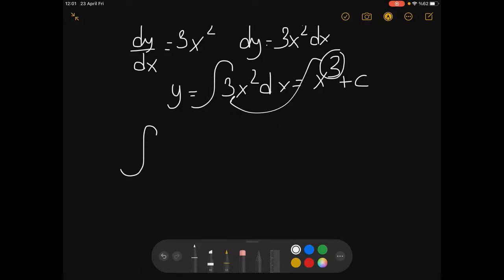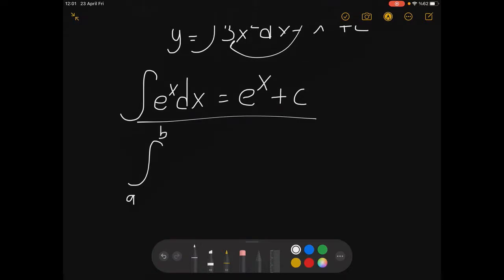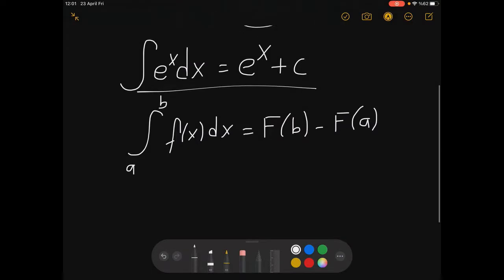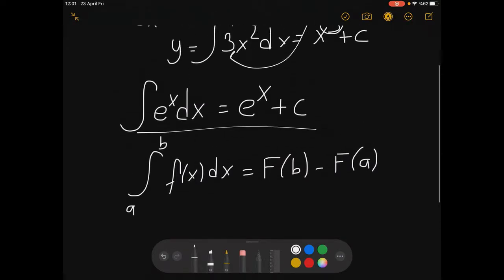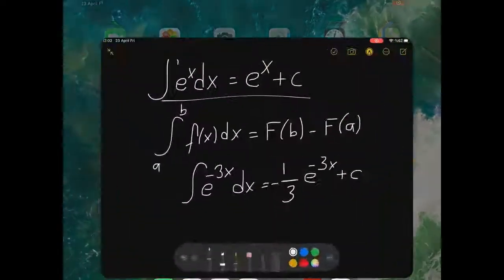And if you have a definite integral from a to b of f'(x) dx, it would be f(b) minus f(a). For example, the integral of e to the power minus 3x dx would be minus 1 over 3 e to the power minus 3x plus c.